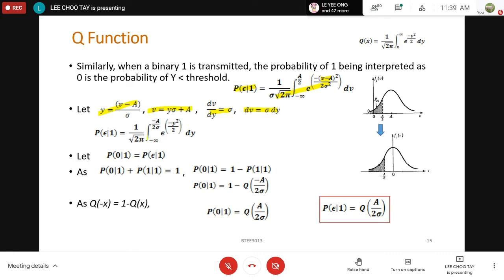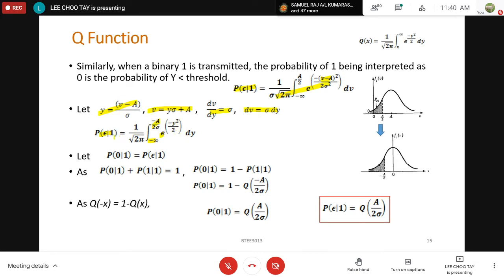So the probability of error with the 1 being sent now is equal to 1 over root 2 pi, now from minus infinity to minus a over 2 sigma. Same replacement as what I did in the previous one. And now the exponential is minus y square over 2.